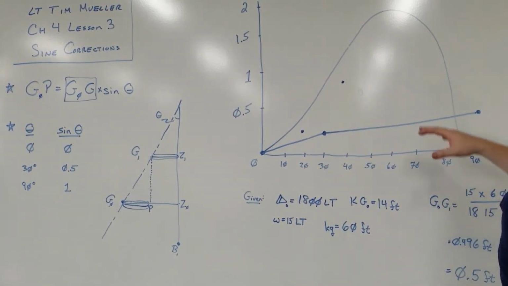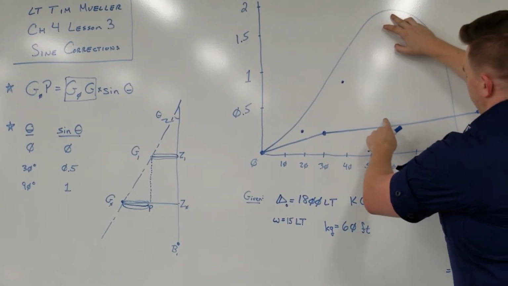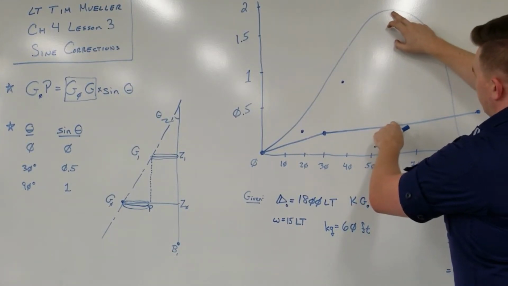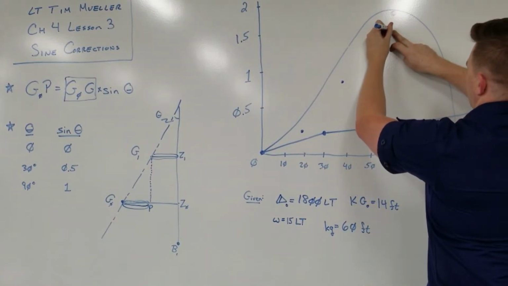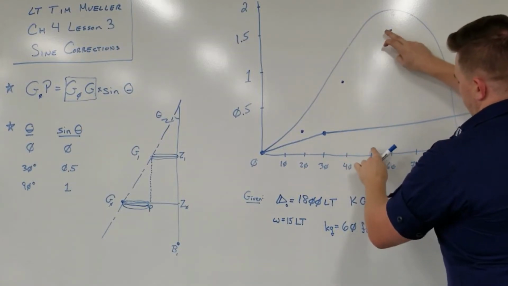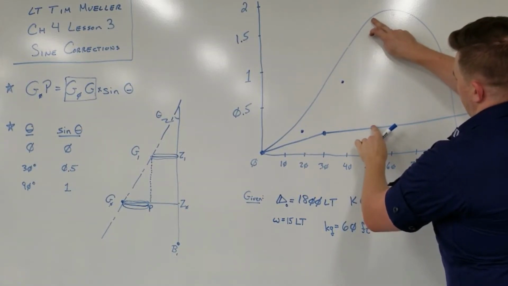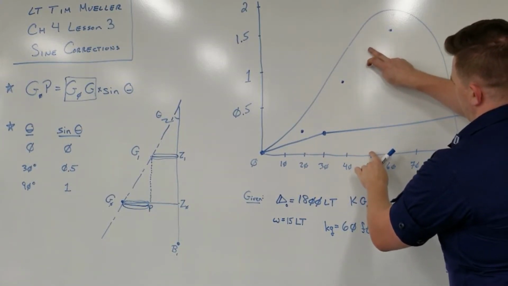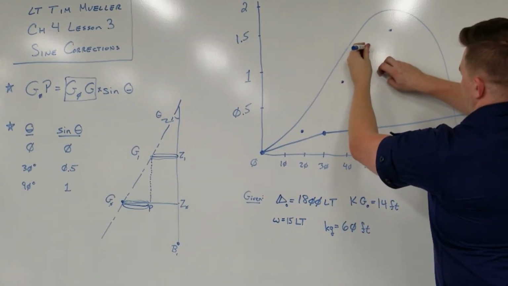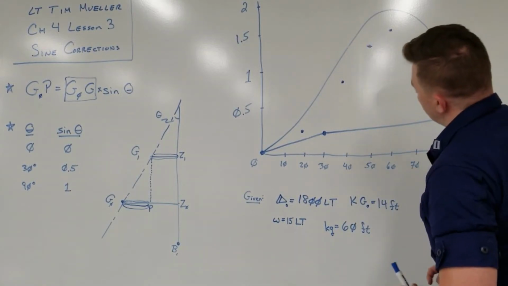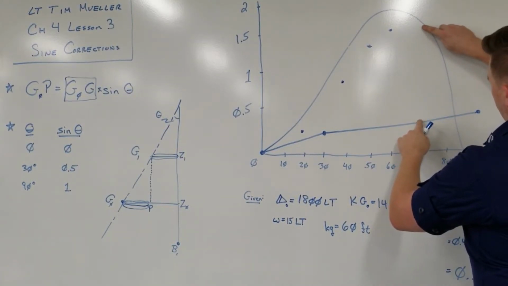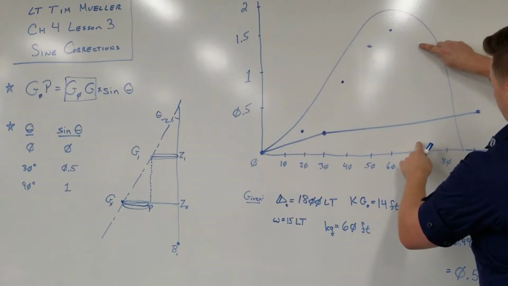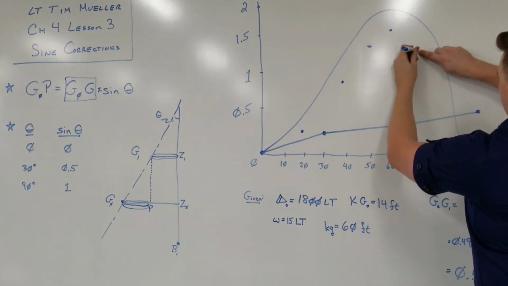And now, since I'm just using my hand, it's not nearly big enough for up here near the maximum righting arm, but at 60, let's get an approximation right about there. 50, be right around here. 70, we go here. Be there.